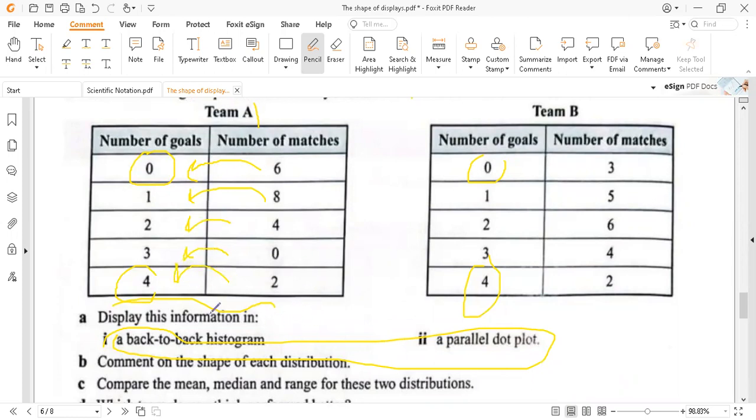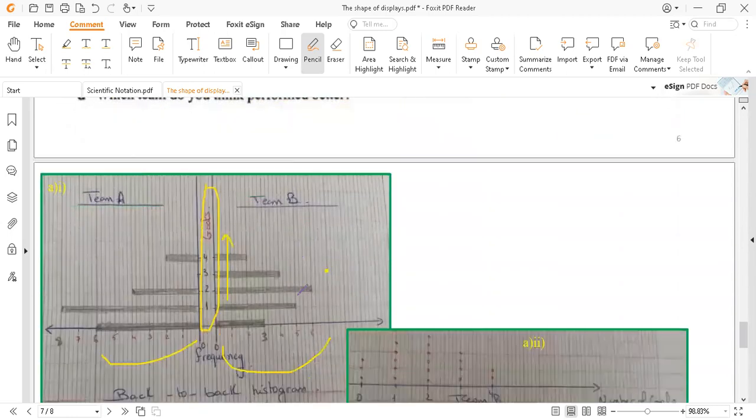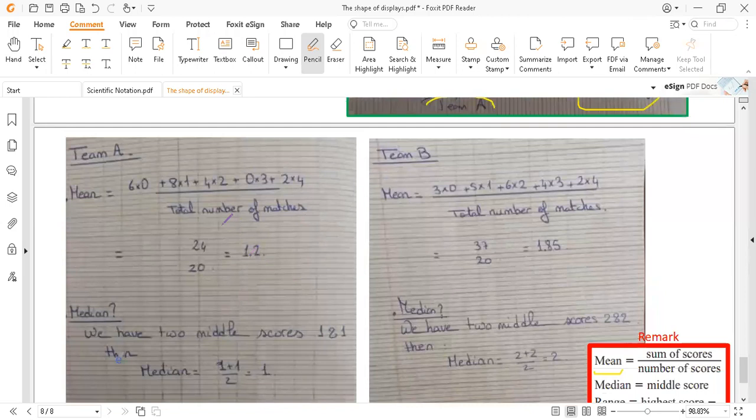Then after evaluating this summation, we divide by the number of matches, so we obtain 1.2 here for Team A, and for Team B we obtain 1.85.